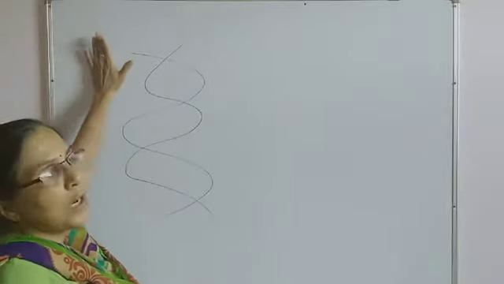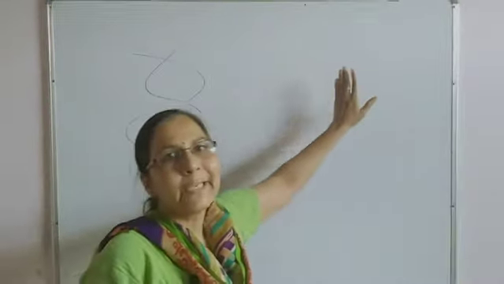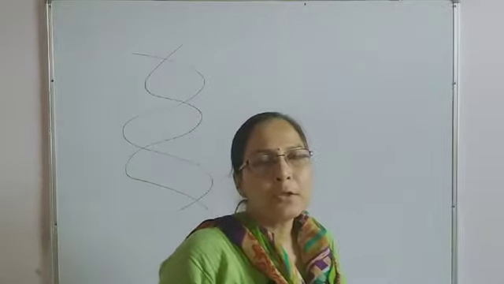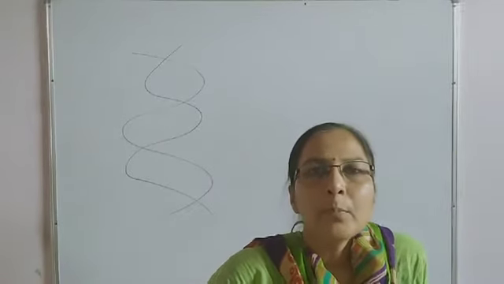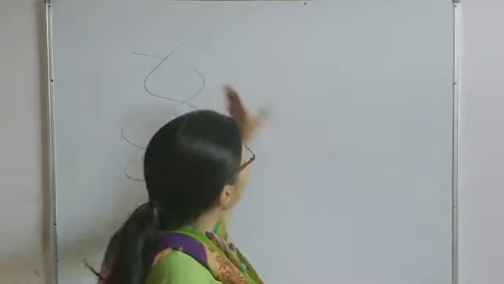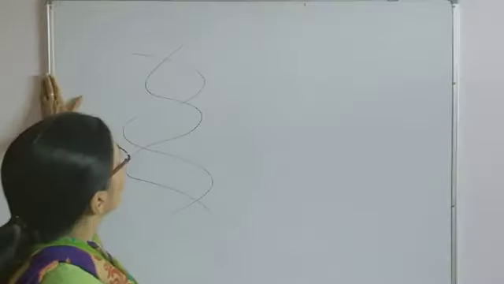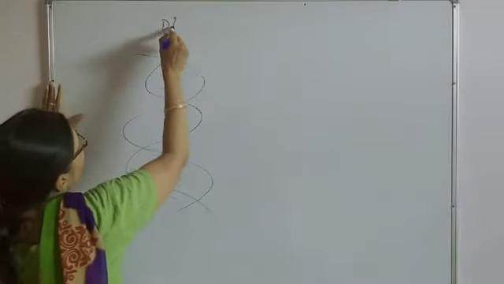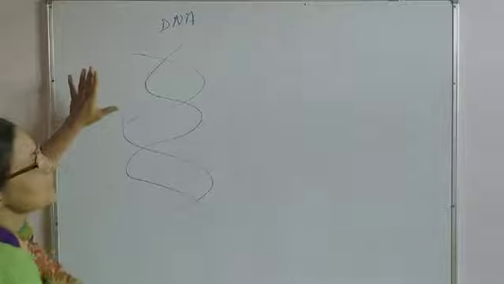Now we will discuss the structure of nucleic acid. The structure of DNA and RNA, both types of nucleic acid, is different. First I am dealing with the structure of DNA. DNA has a double helix structure.